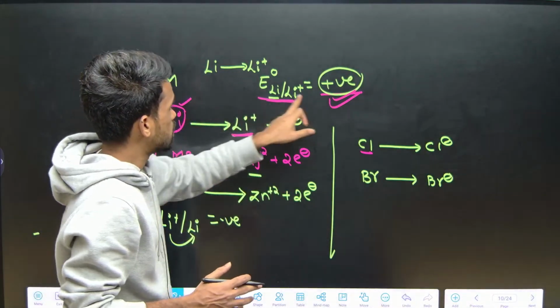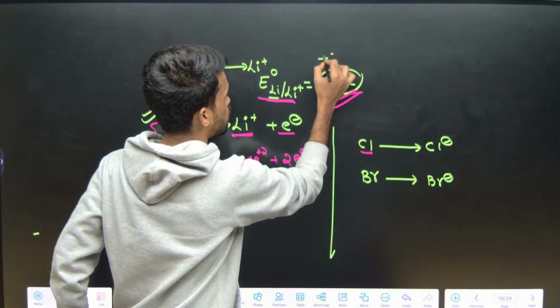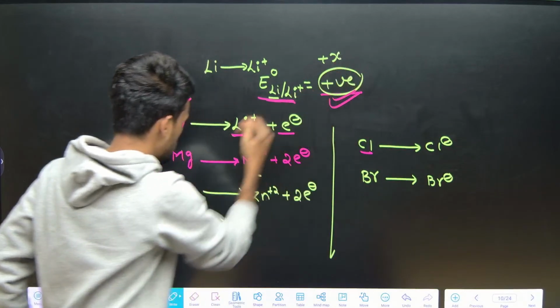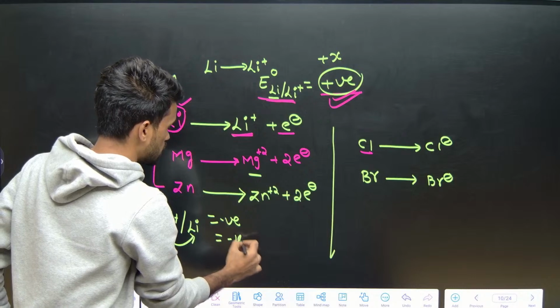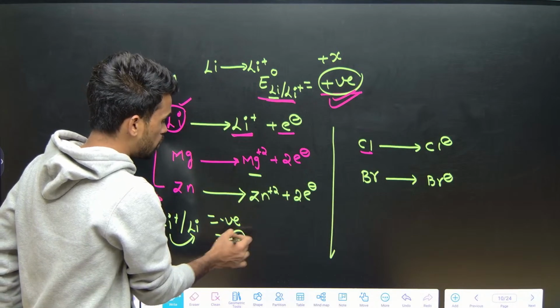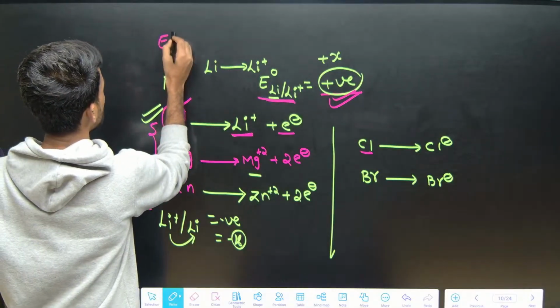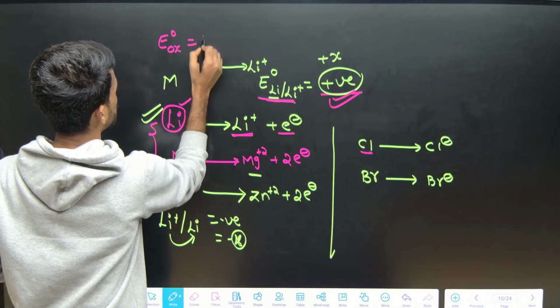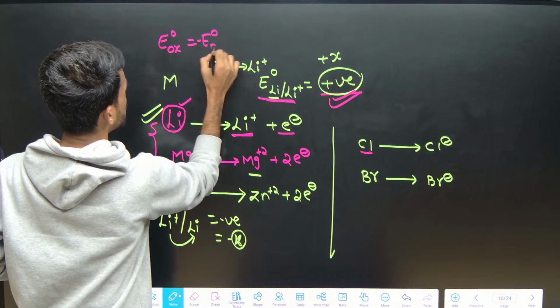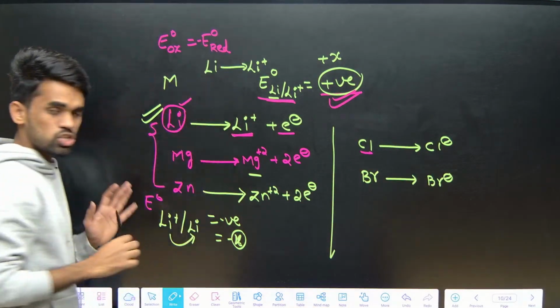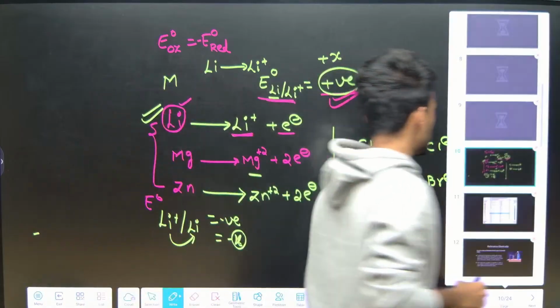If the oxidation potential is positive x, then the reduction potential will be negative x. So E naught of oxidation potential equals minus E naught of reduction potential. Based on this, I will show you a table.